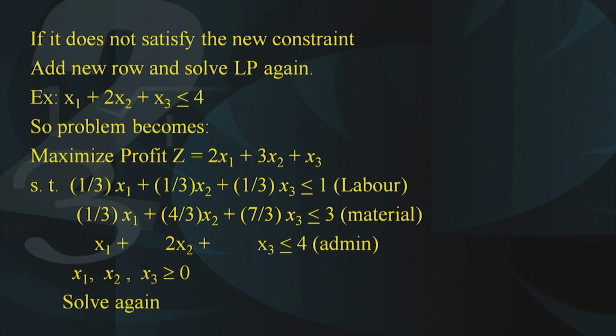Now, on the other hand, if this does not happen, then what to do? If the solution does not satisfy the new constraint, then we need to add a new row and solve the LP again, because the new constraint has to be incorporated in the initial table itself, and therefore, once we do that, we have to solve the entire problem again.